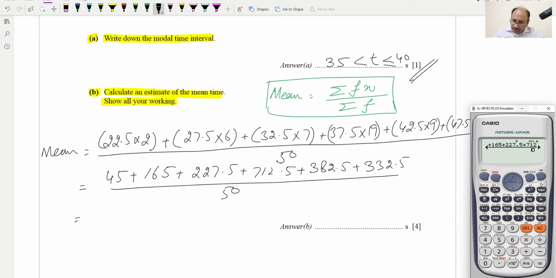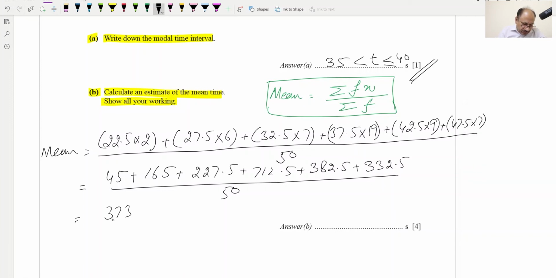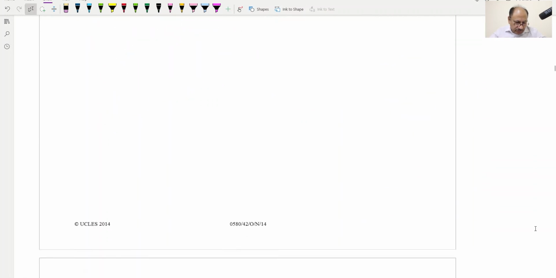So after typing this, we'll divide this by 50, and it will be 373 by 10, or we can write 37.3, and this will be seconds, time 37.3, and this is the 4 marks part which we are done. Hopefully you understood each and everything.